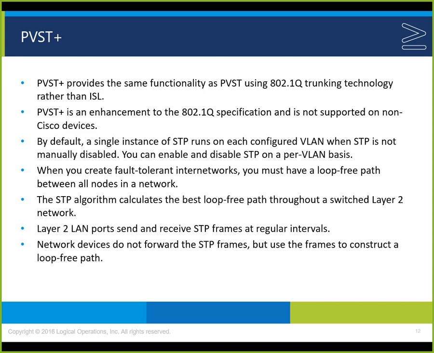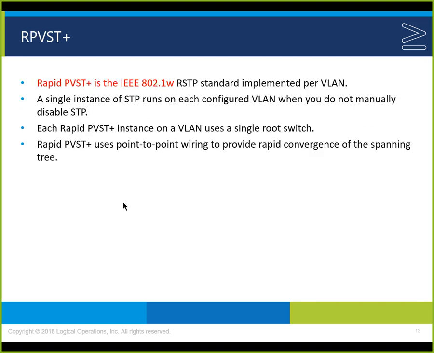So as the speeds change, as the hardware changes, the cost factor is going to change. These frames are not forwarded, but are used to construct a loop-free path. They're just communicating with each other. They're hello packets. As you saw, we had acknowledgments. There's not a whole lot in one of these things.